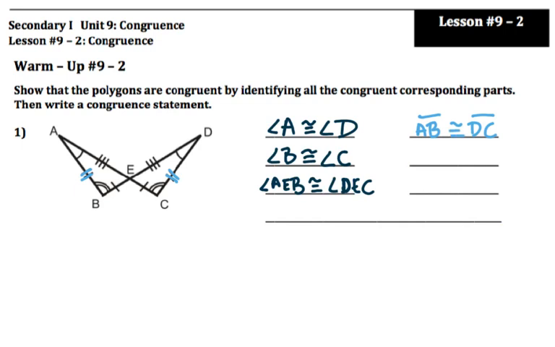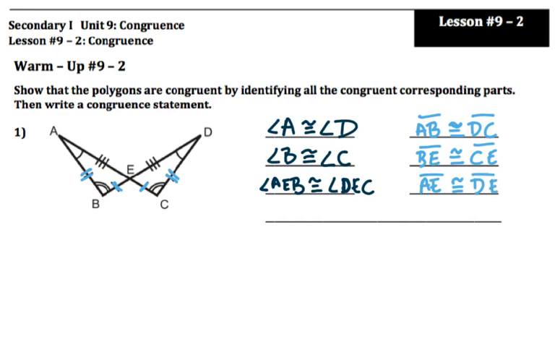So segment AB is congruent to segment DC. Next, the one tick mark I see between C and E and also B and E. So segment BE is congruent to segment CE. Then we have the last one, so segment AE is congruent to segment DE.